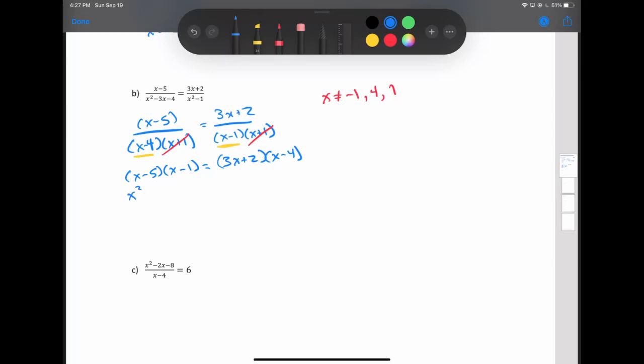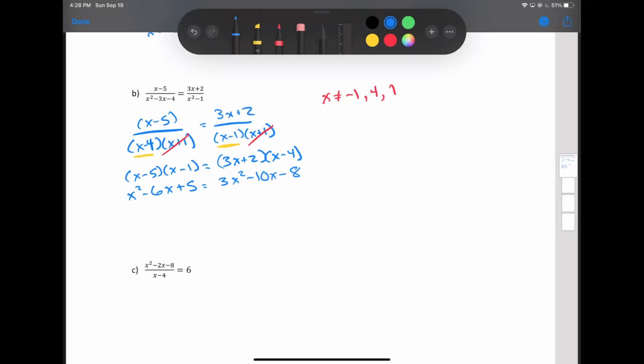That gives us x squared minus 6x plus 5 equals 3x squared plus 3x minus... 3x squared plus 2x minus 12x is minus 10x minus 8.